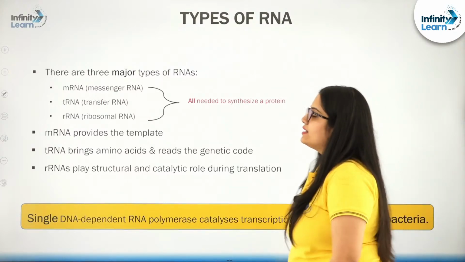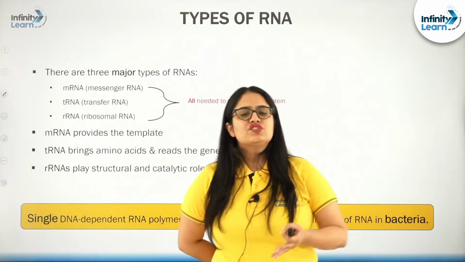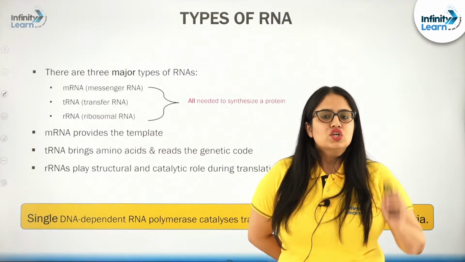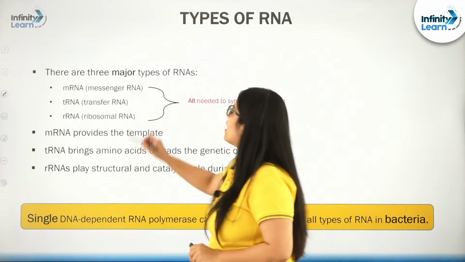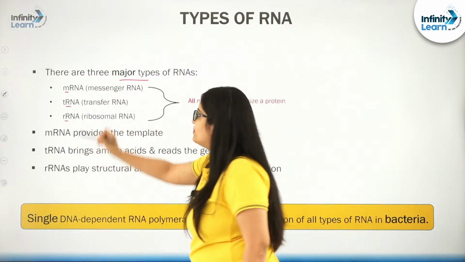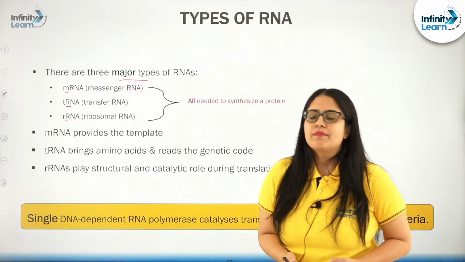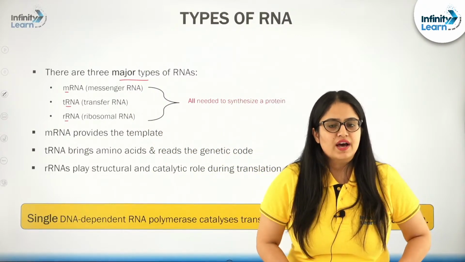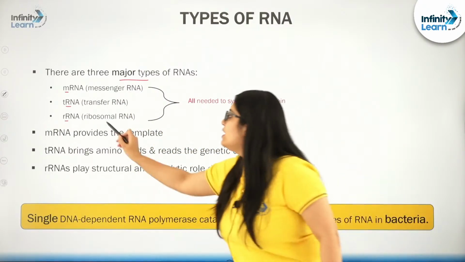See students, let us discuss the three major types of RNAs that are present inside a cell, right? The three major types of RNAs are mRNA, tRNA and rRNA. mRNA is messenger RNA, tRNA is transfer RNA, rRNA is ribosomal RNA.